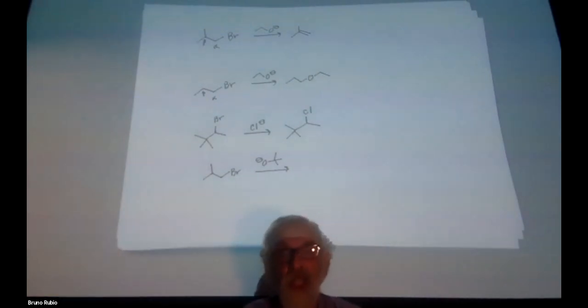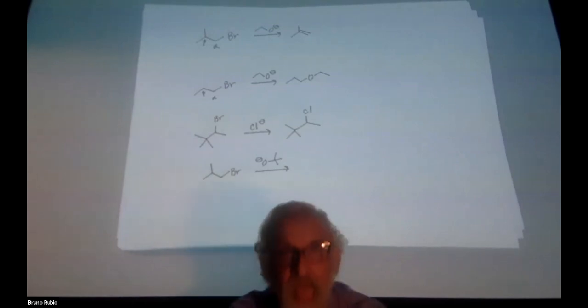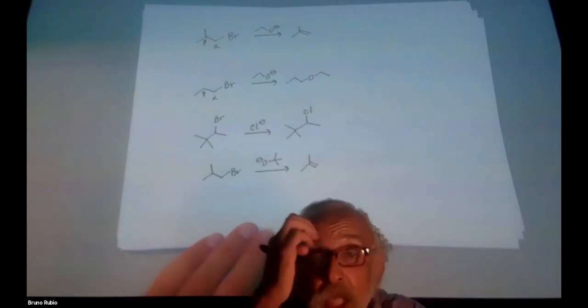The beta branching makes it hard for the nucleophile to get in, to push out the leaving group. The nucleophile is sterically hindered. Everything is arguing against substitution. So the product here we're predicting will be elimination.